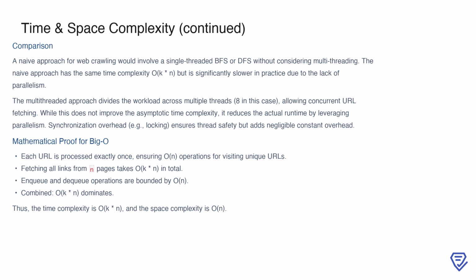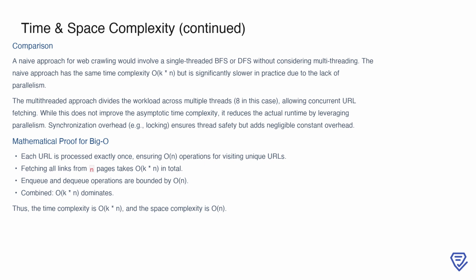While this approach does not change the overall asymptotic complexity, it significantly reduces runtime. The synchronization mechanisms used to ensure thread safety introduce negligible constant overhead. To summarize, each URL is processed exactly once, resulting in O(n) operations for visiting unique URLs. Fetching links from n pages takes O(k*n), with enqueue and dequeue operations bounded by O(n).